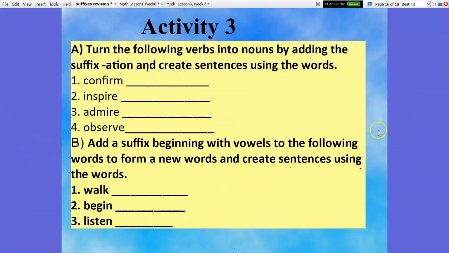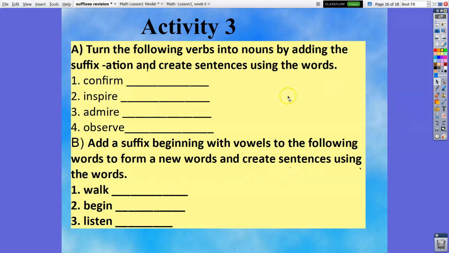And finally, we have your activity 3. I want you to add a suffix to the words listed here. For letter A, use the suffix ation, and for letter B, you may add any of the suffixes that begin with vowels like ER, ED, or ING.